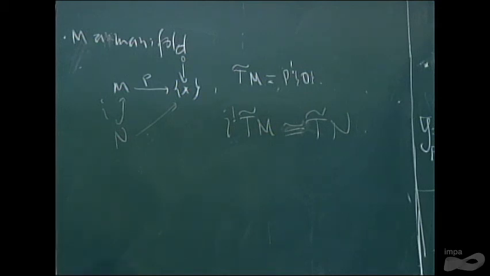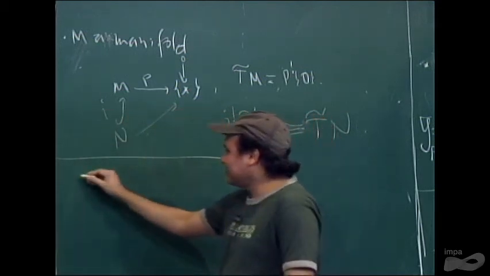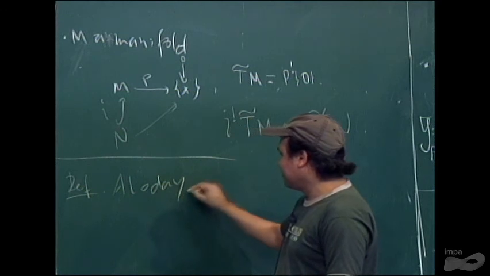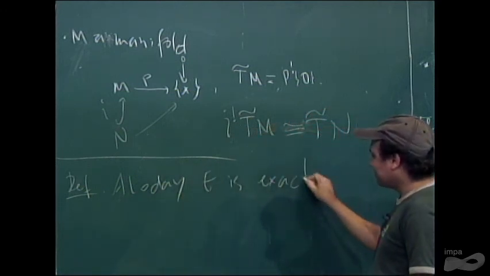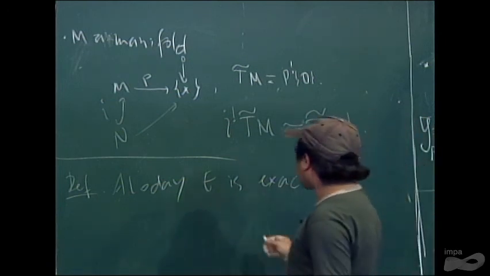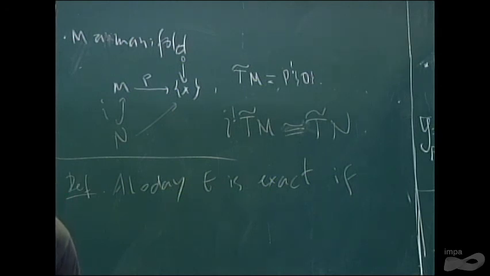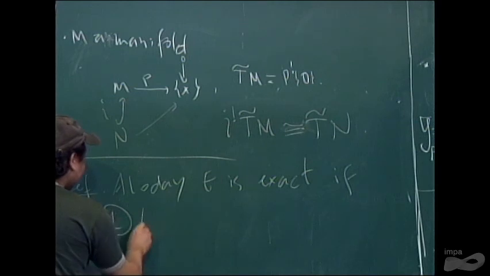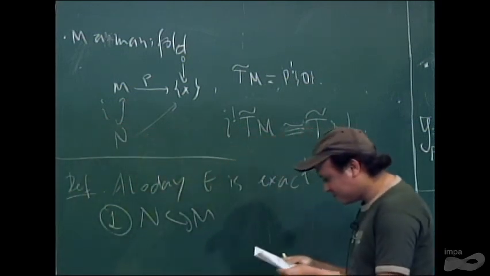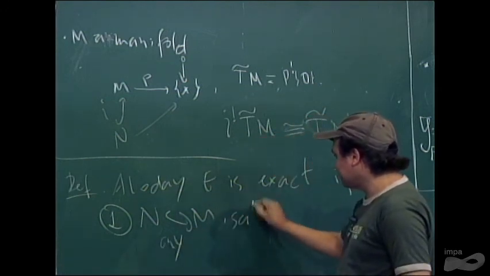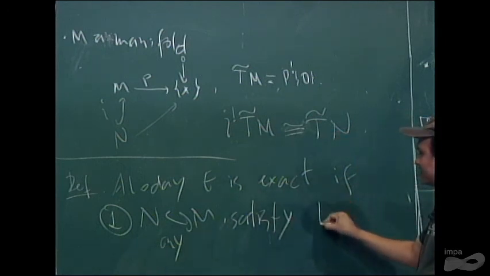So this is the last thing: the definition of an exact Lie algebroid. A Lie algebroid is exact if, for a manifold M, any submanifold satisfies the property tau.